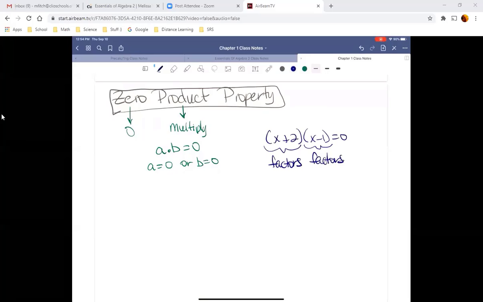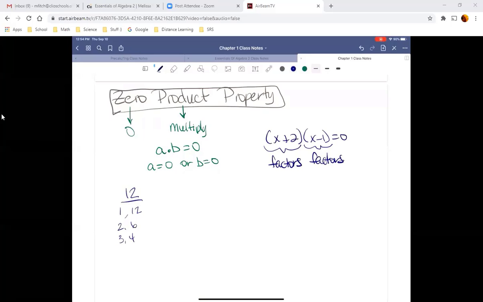No different than when you were asked, what are the factors of 12? 1 and 12, 2 and 6, 3 and 4.